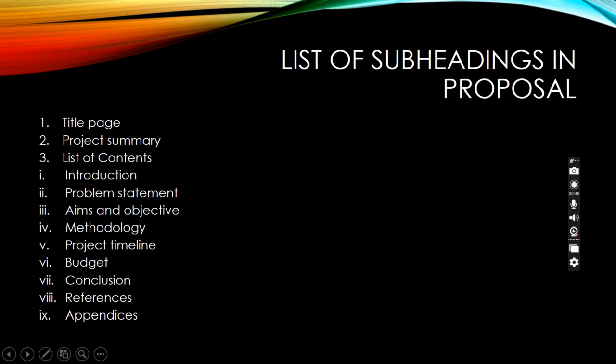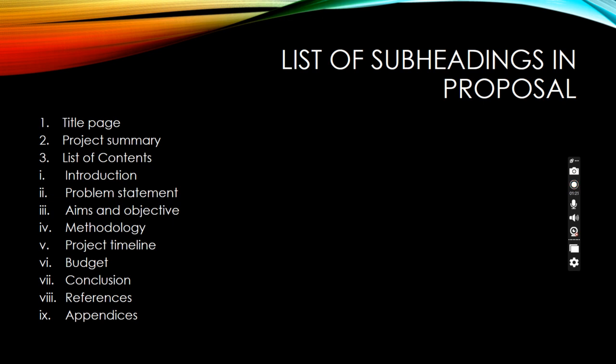So many students actually worry about what subheadings should be included in a proposal and what should be the order of their headings. So this is the main content that should be part of your proposal, and also the order should be like that which is mentioned here. So talking about the subheadings, first should be the title page, second should be your project summary, also known as the executive summary, and third should be the list of content.